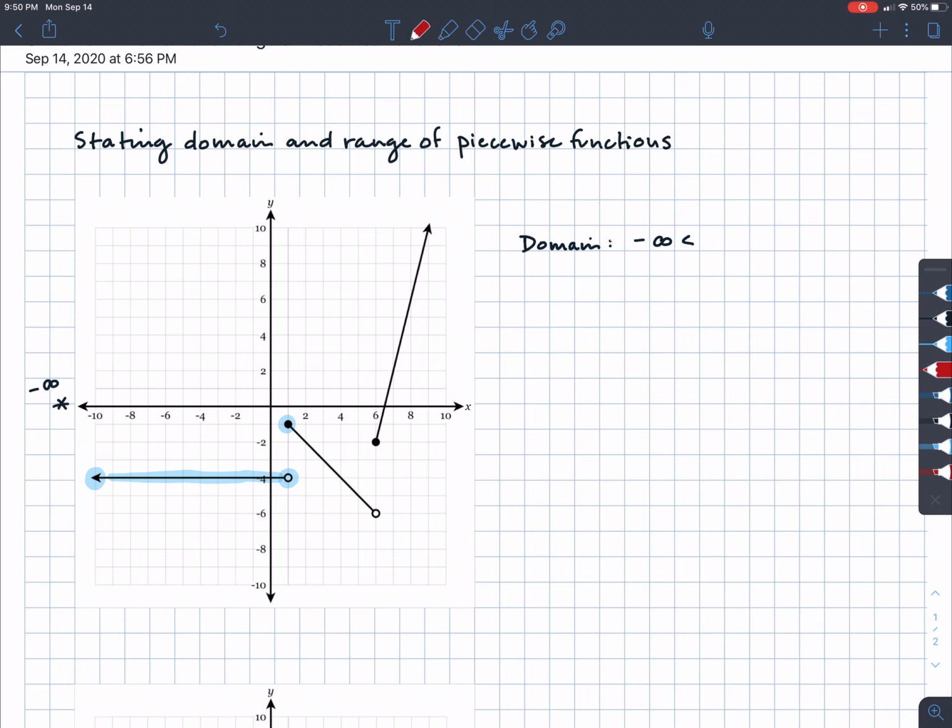So this is interesting. What would we say is our value of x here? Do we have a y value at this point? Yes, we do. We actually have our y value right here. So there's no break in the graph in our domain.